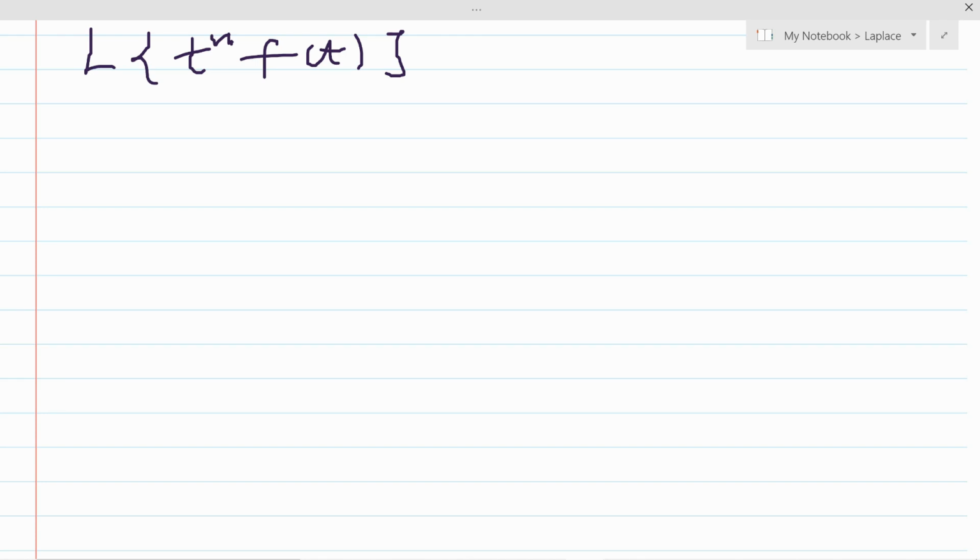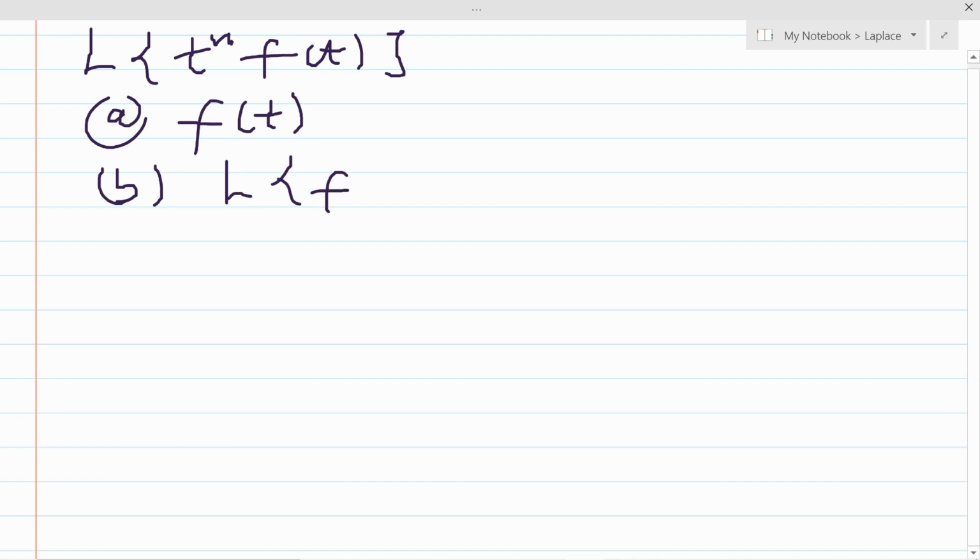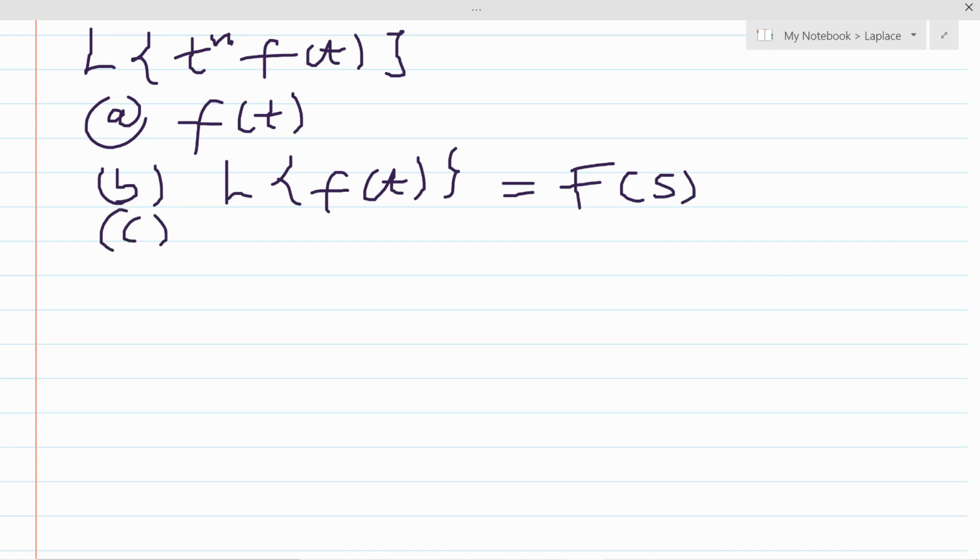So if you have this, what you do is first find your f of t. After finding your f of t, the second step is you find the Laplace of f of t. After finding the Laplace, it will give you capital F of s, which is a function in terms of s. Now you identify your n, being 1, 2, 3, or whatever.